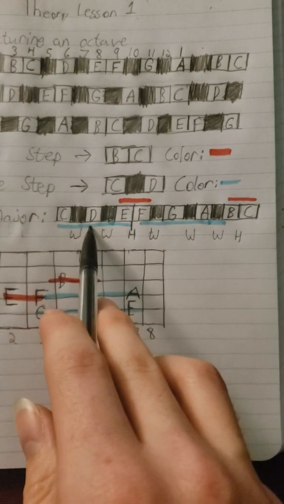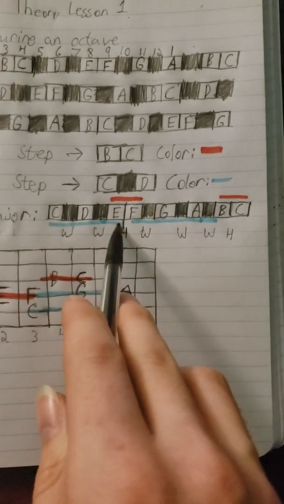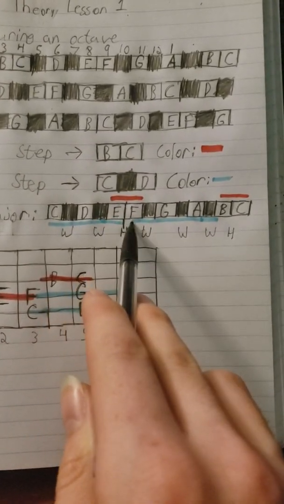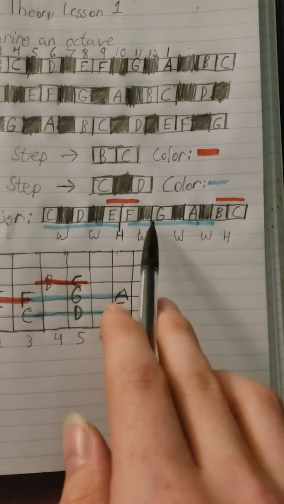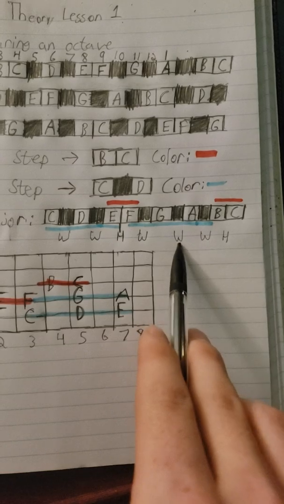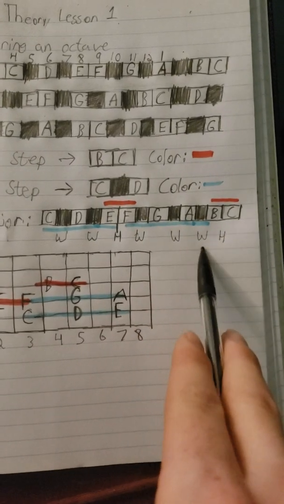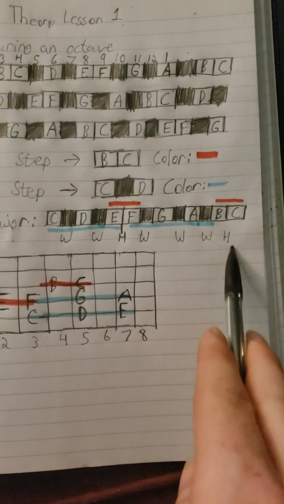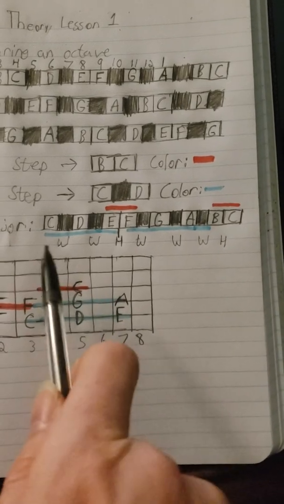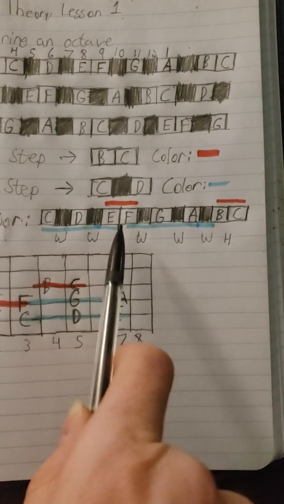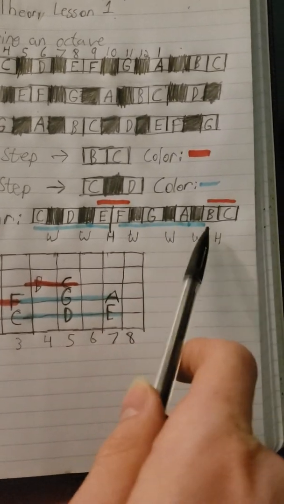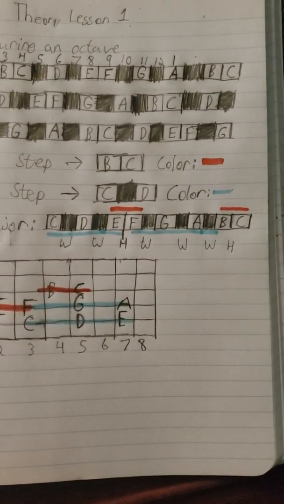So C to D is a whole step, D to E is a whole step, E to F is a half step, F to G is a whole step, G to A is a whole step, A to B is a whole step, B to C is a half step. And this ends up creating the C major scale. Whole, whole, half, whole, whole, whole, half.